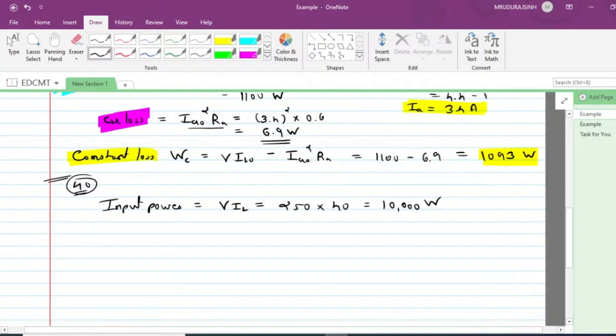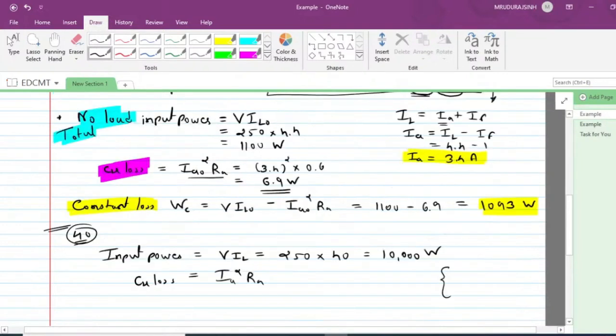Now from this input power we are going to calculate the Cu loss, right? And to calculate Cu loss, what do we need to calculate? The equation for Cu loss is Ia square Ra, and now we want this Ia. The equation for Ia is Ia equal to IL minus IF. Initially IL was 4.4, but now IL is 40.